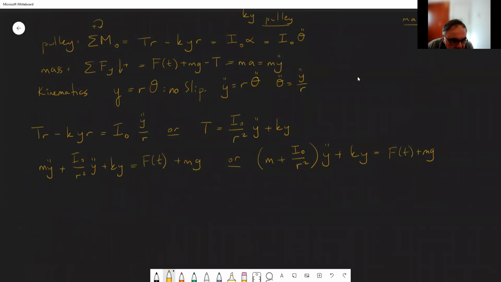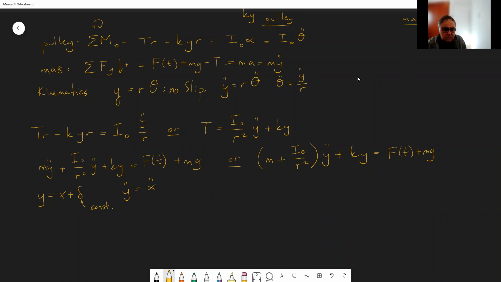So let's continue. y equals x plus delta, in which case delta is a constant, okay? It is mg over k, so this is a constant. So y double dot, if you take two derivatives, would be x double dot because delta gets deleted there.